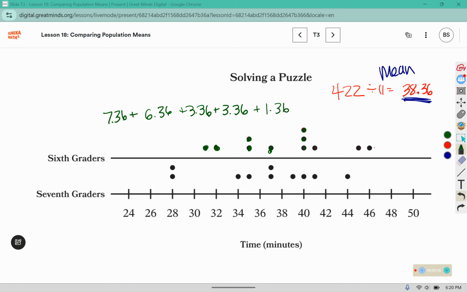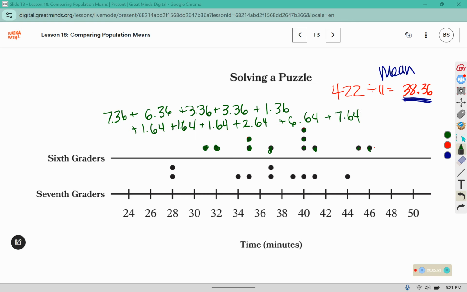We have multiple 40s. 40 minus 38.36 is 1.64. And we need 3 of them. 41 minus 38.36 would give us a deviation of 2.64. 45 minus 38.36 is 6.64. And then 46 minus 38.36 is 7.64.